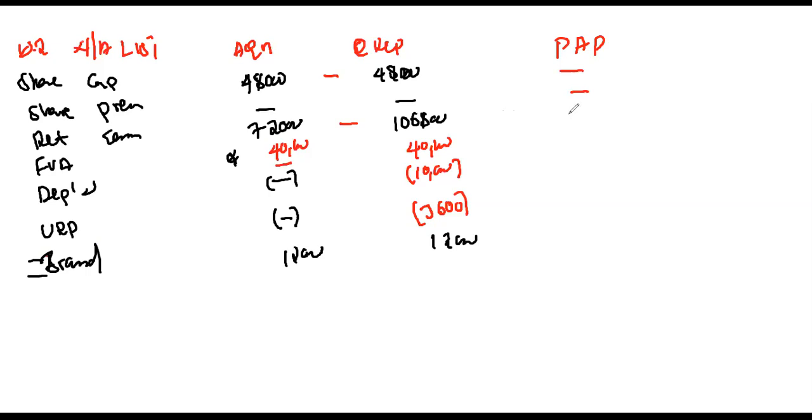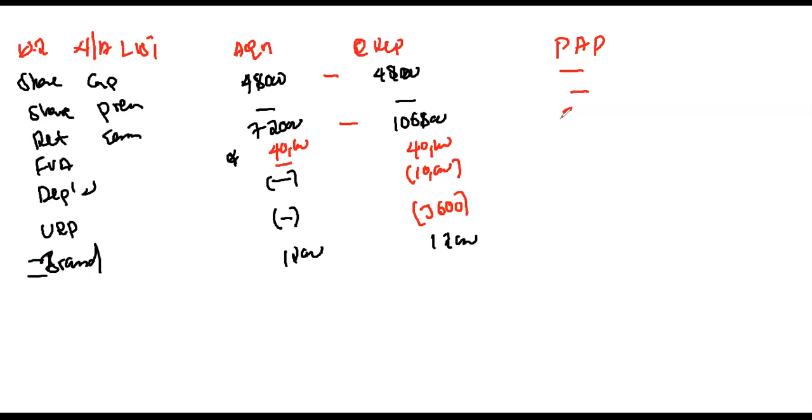How much do we have here? We want to come up with our post-acquisition profit. It is not negative, just get the difference. 72,000 minus 106,800 is 34,800.